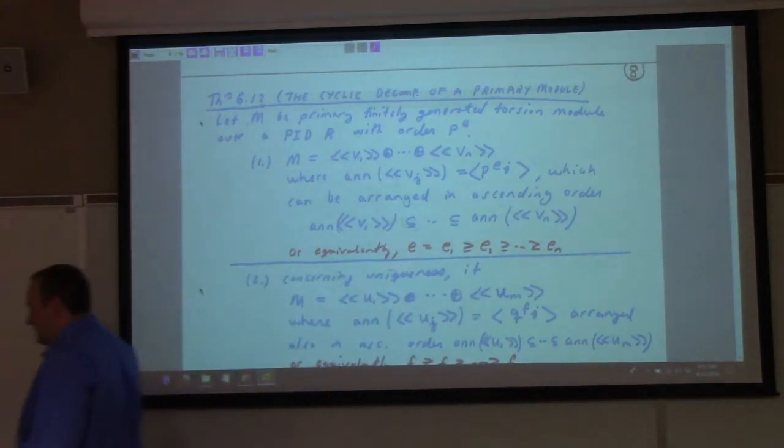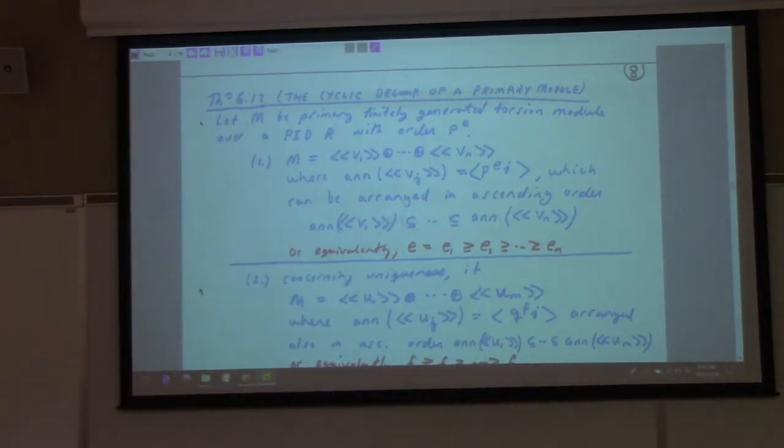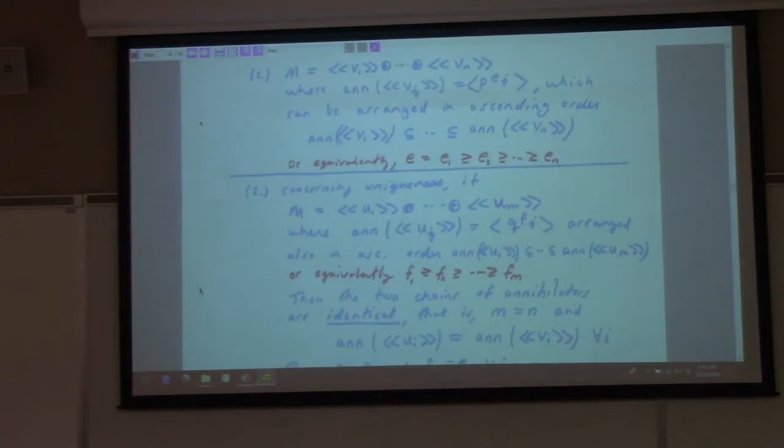And so it says that you can rip it apart in this way, and not just that. If you ripped it apart in a similar way, then guess what? This decomposition and that decomposition, we have to have m equal to n, and the primes which form the annihilators of these have to likewise satisfy the same sort of condition.